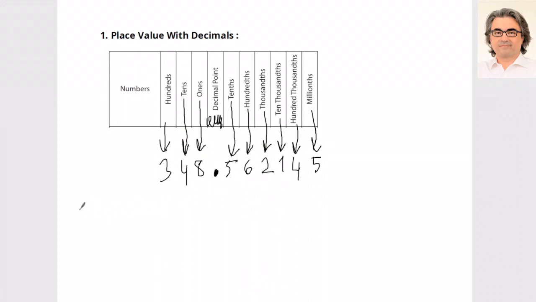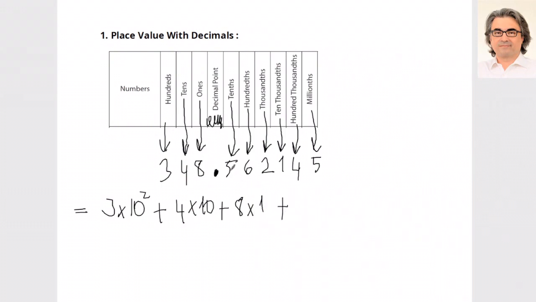Okay, now let's write it in its expanded form. 3 hundreds, 3 times 10 squared, plus 4 tens, 4 times 10, plus 8 ones, 8 times 1. Let's write it as 10 to the power of 0.